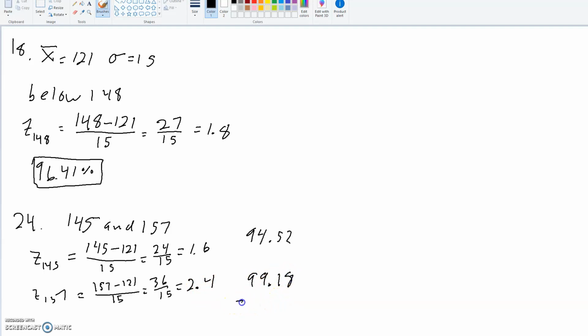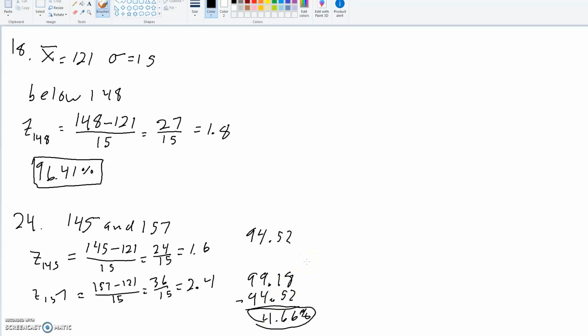Then, to find what lies between them, we simply subtract these percentiles. When you subtract them, you should get a grand total of 4.66%. So if you want to know between two values, find the percentile of one of them, find the percentile of the other, and subtract.